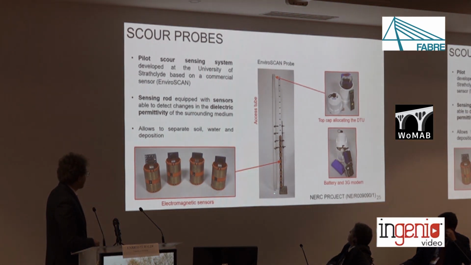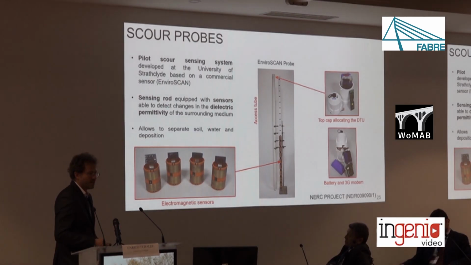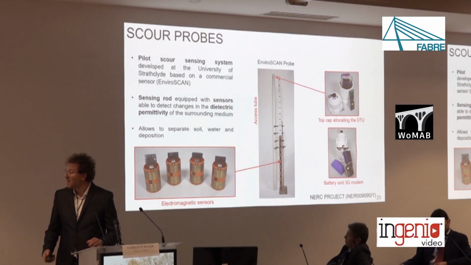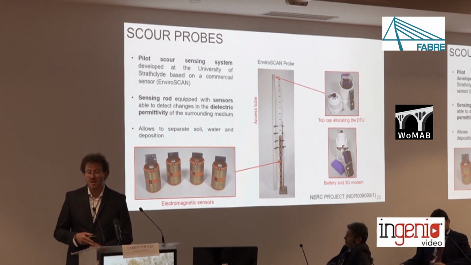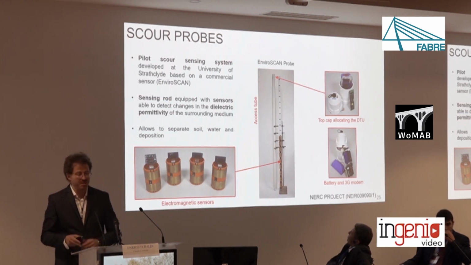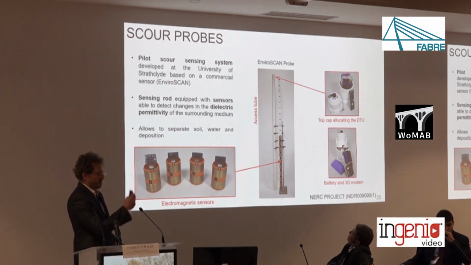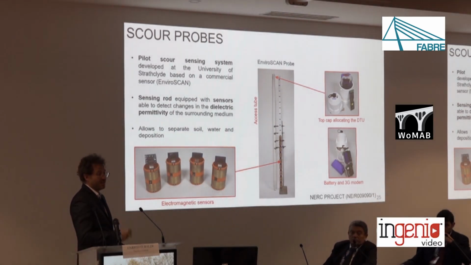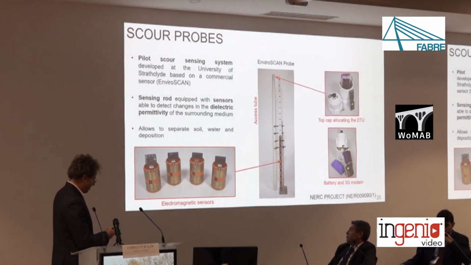Basically, the scour probe includes a series of sensors that measure the dielectric permittivity of the medium surrounding the sensor. And since water, air, and soil present very different values of the dielectric permittivity, it is possible to distinguish between them, and it is possible with a scour probe to detect the depth of scour, but also the water level that led to that level of scour.